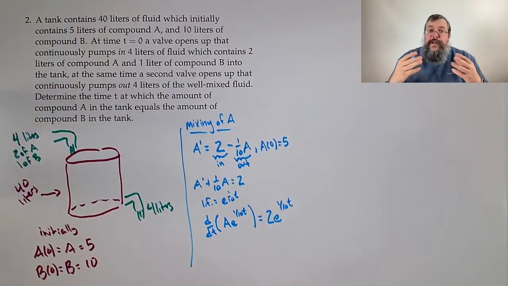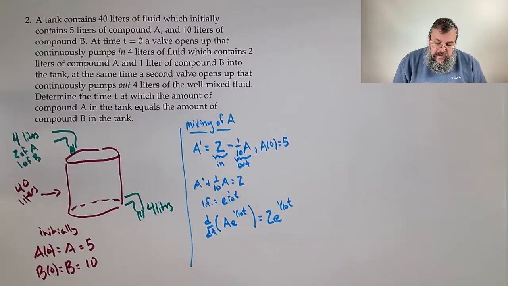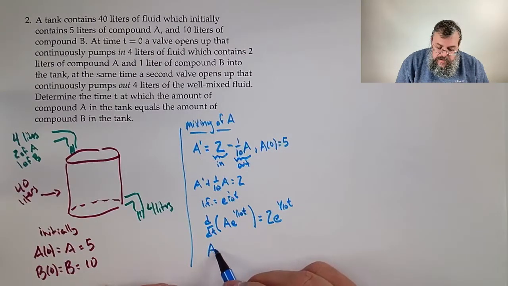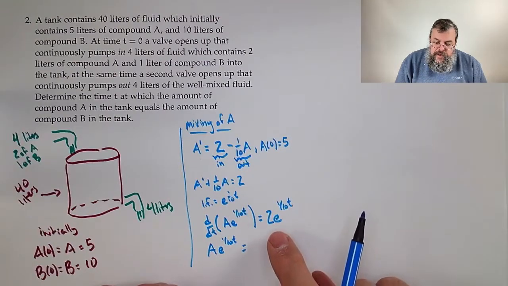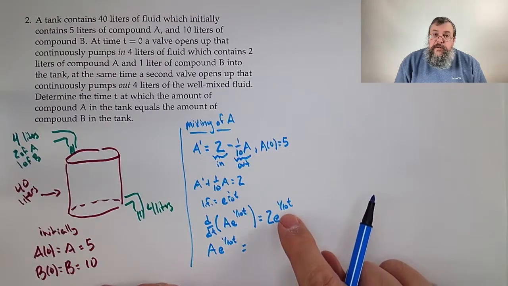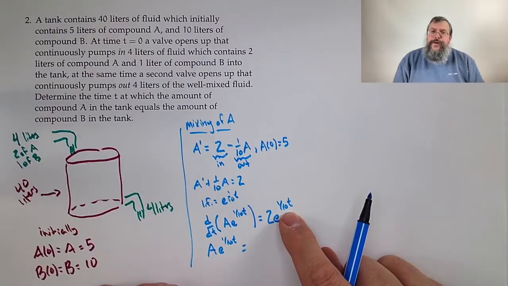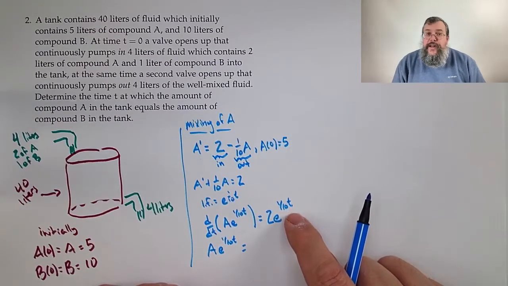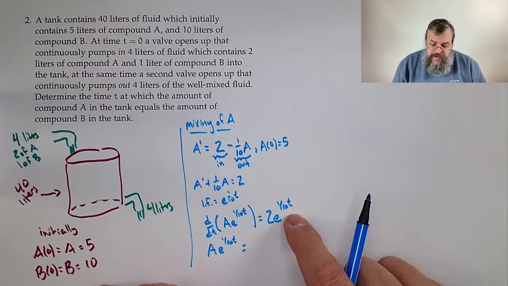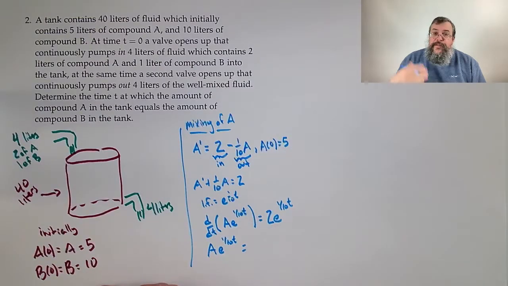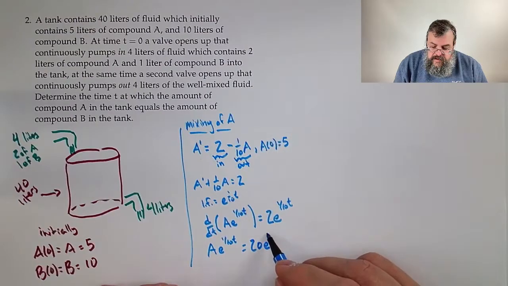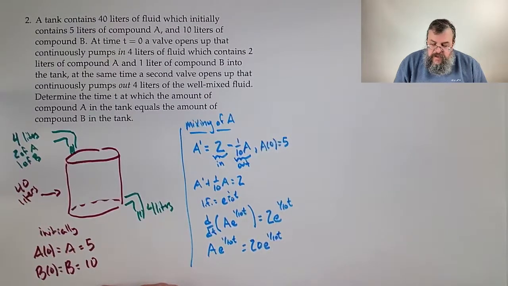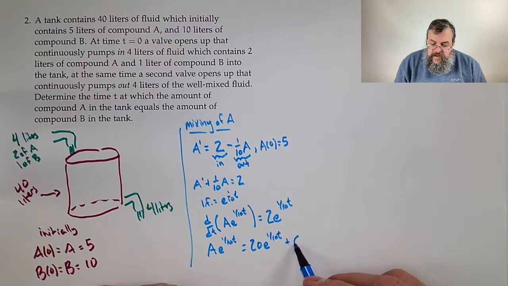Now we integrate: A e to the 1/10 t is equal to 2 divided by 1/10. If you take 2 divided by 1/10, that's the same as multiplying by 10. So that's 20 e to the 1/10 t, plus a constant C.